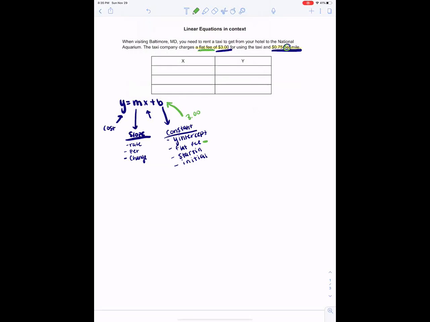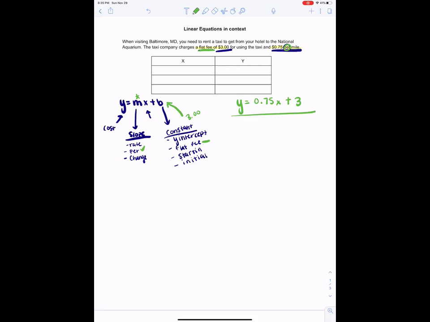And then the words per mile tell me that the 75 cents is my m. So my equation is y equals 0.75, because that's what we decided on, right? That per tells me the slope, x, plus my constant, that flat fee, which is $3. So we could come up with a linear equation.